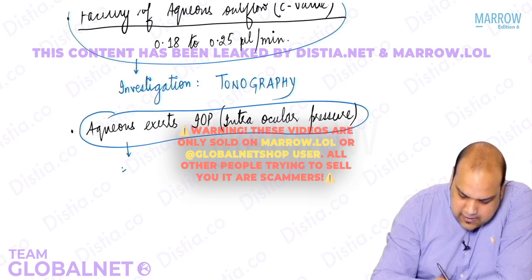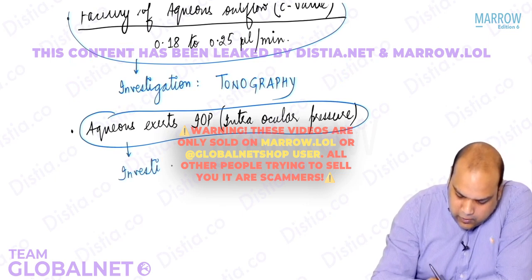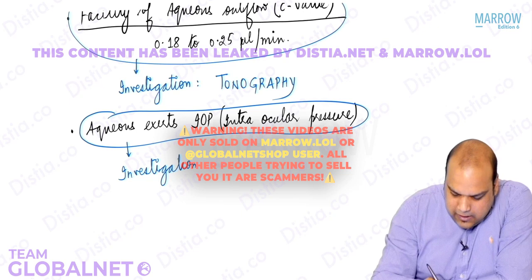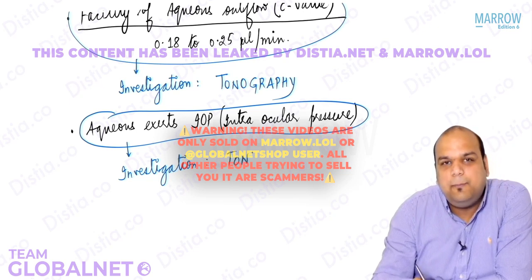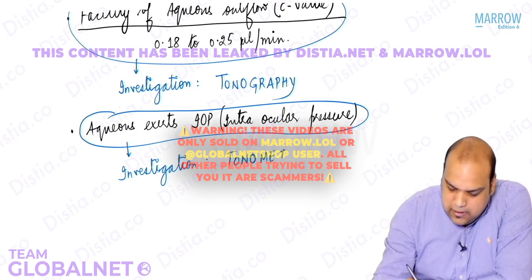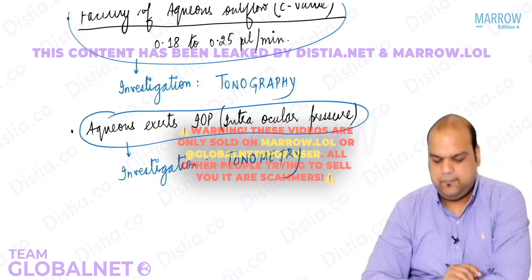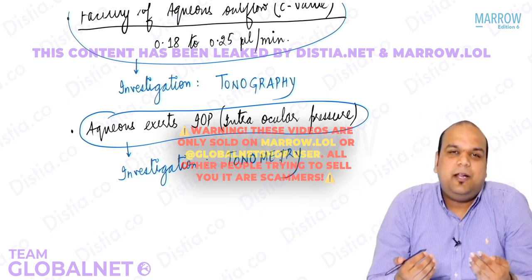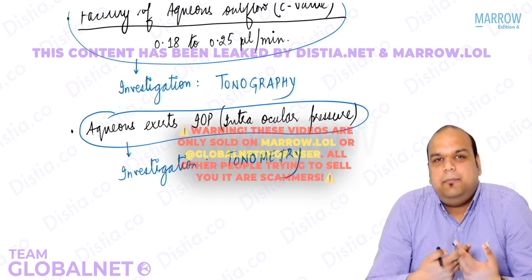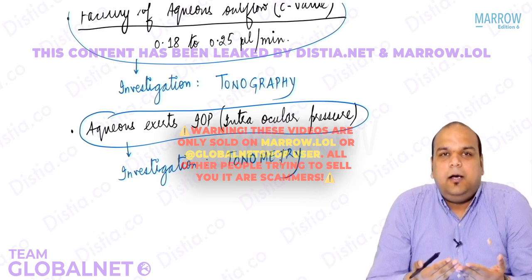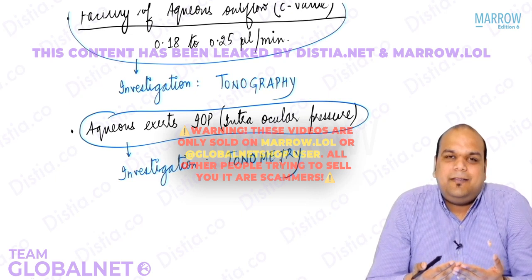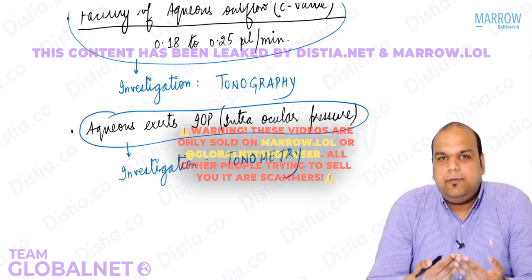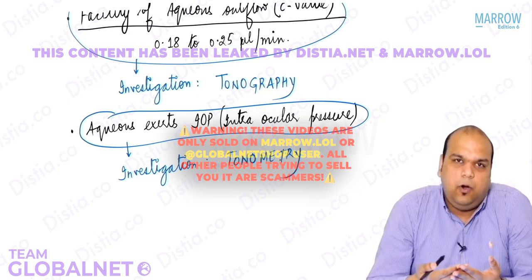Which investigation is done to measure the intraocular pressure? The answer is what all of you were probably giving at home: tonometry. So tonography, tonometry, two confusing words. Please do remember them. Tonometry, the more popular word, is used to measure the intraocular pressure, and tonography for the C value, the outflow of aqueous.